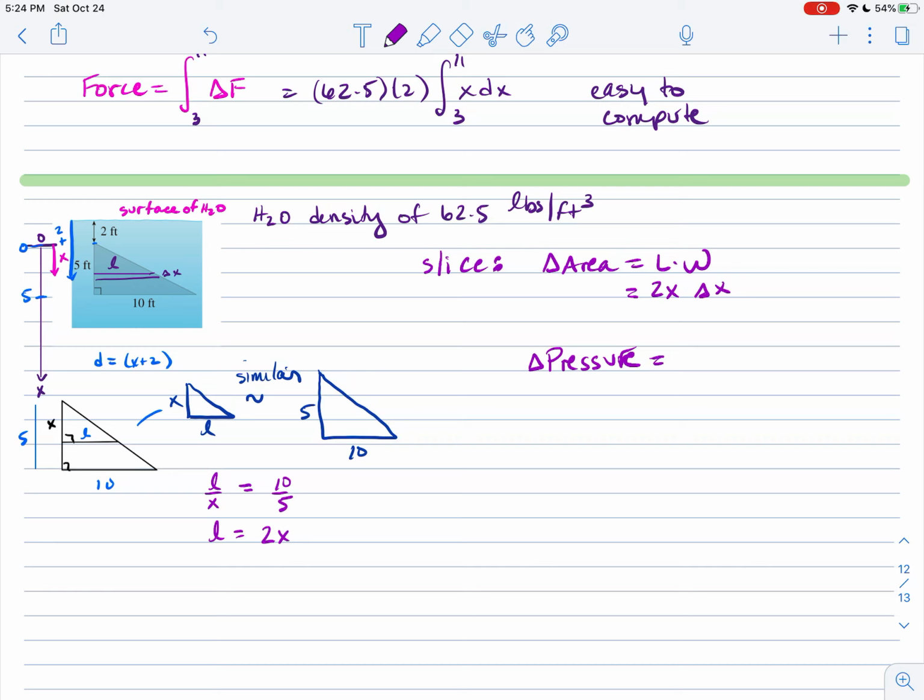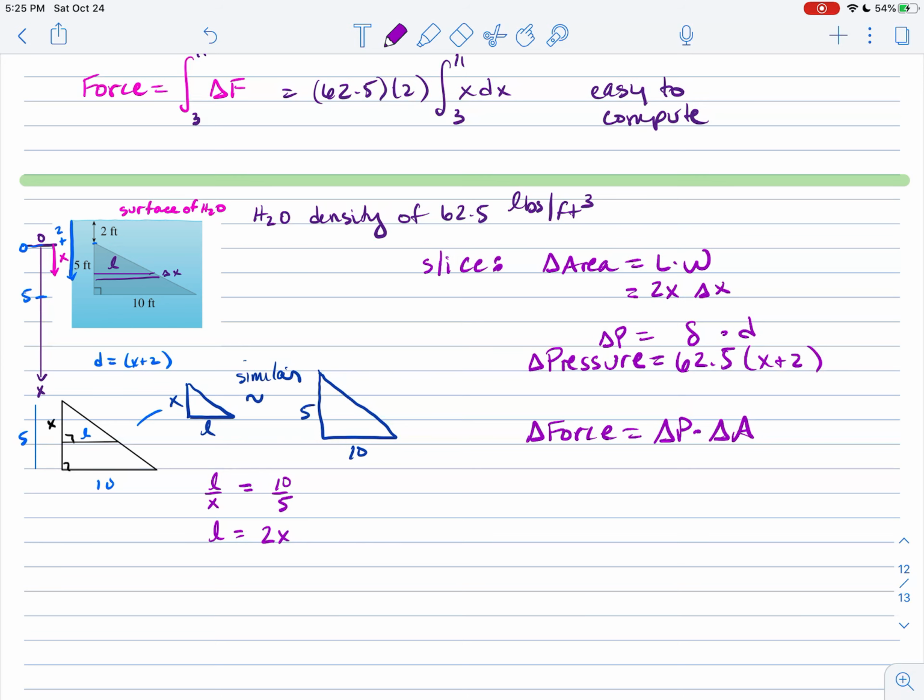My delta pressure, delta P, since we're in US customary units, is just going to be the density of my liquid times my depth, and the depth we determined was going to be x plus 2.